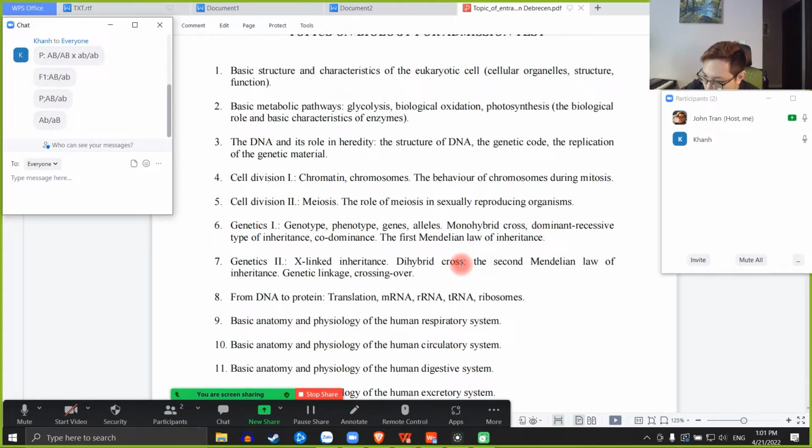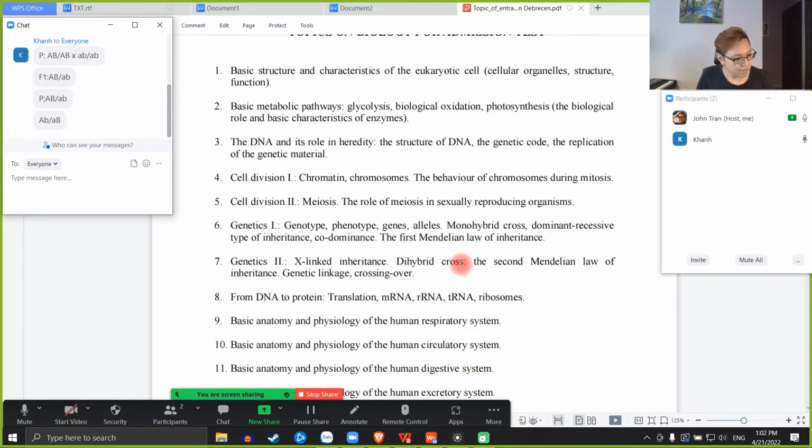Chromatin is the material inside the nucleus when it's not coiled up, and chromosomes are when the chromatin is coiled up and getting more visible.